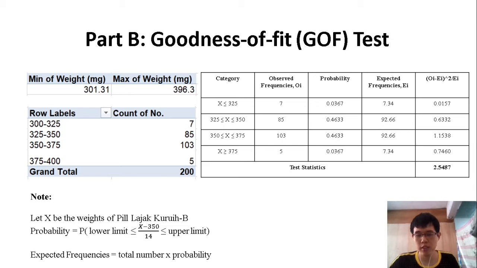Each of the values is summed up to obtain the test statistic. In our case, the value of the test statistic is 2.547. Please note that our probability is calculated by applying this formula and obtaining the value from the statistics table. And our expected frequency is calculated by multiplying the total number with the probability.